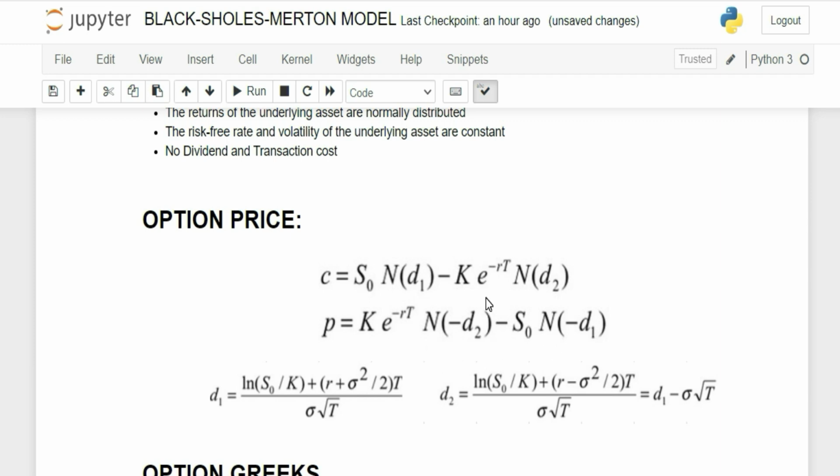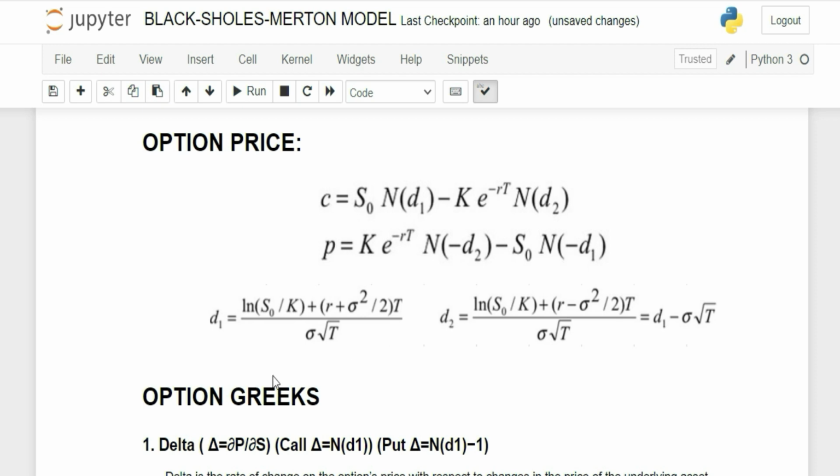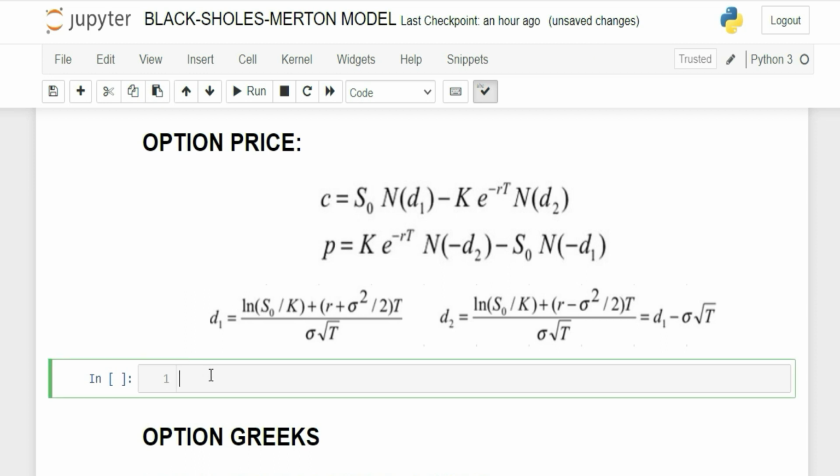So let's do that, and d1, d2 are here. First we have to calculate d1, then d2, then we can calculate the price of the call, and then the price of the put. So what are d1 and d2? Let's write down the formula here to make it easy.